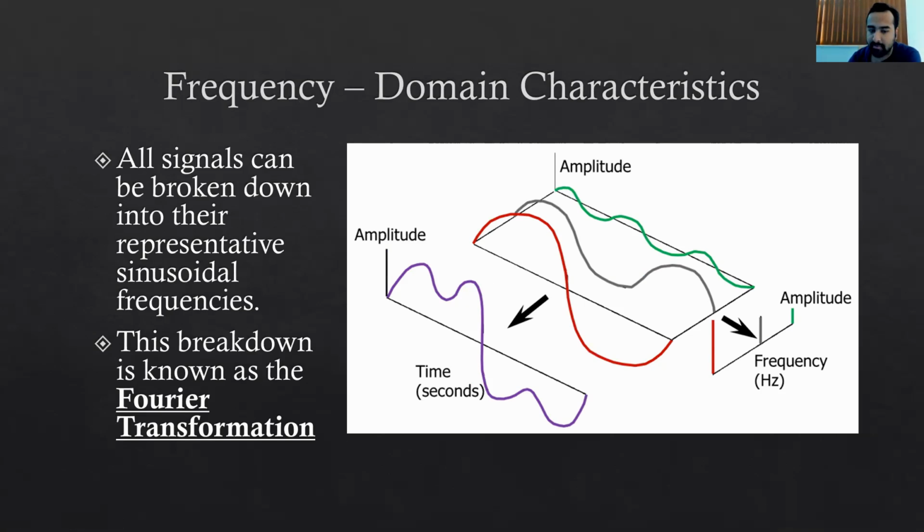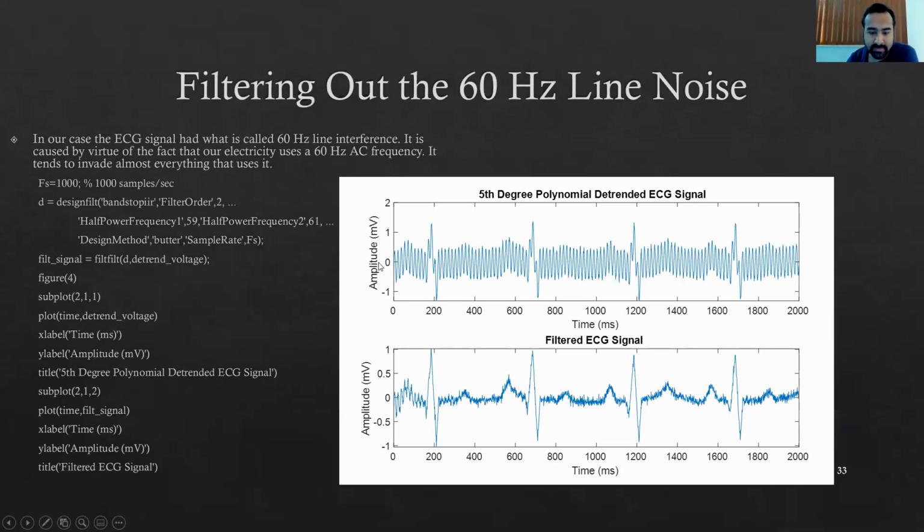And it will try to remove that from your signal and then give you whatever's left over. And in this case, we have this signal right here, and this fast-moving part of the signal seems to be a very high oscillating signal. So it's a high frequency. So we can use the design filter command in MATLAB to design a filter to remove this.